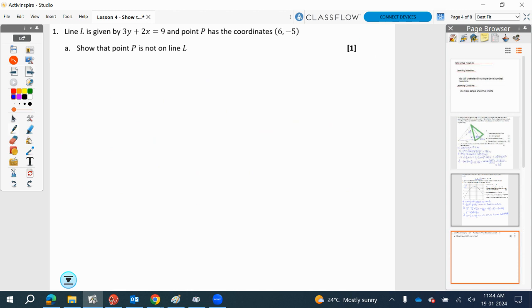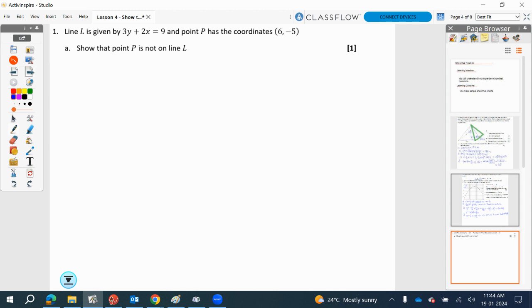Okay. Given line L is 2y plus 2x equals 9, point P is this, show that point P is on the line. Have a go at this question now. Have it on the paper I've given you. Plug it in. Wait, you make this y?